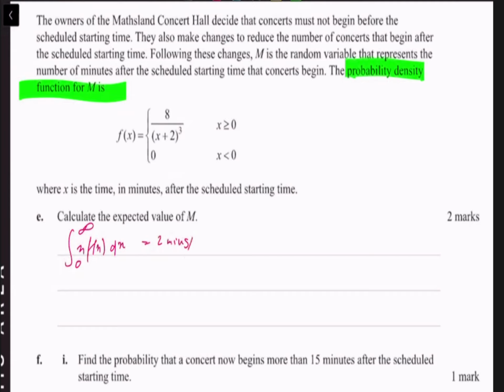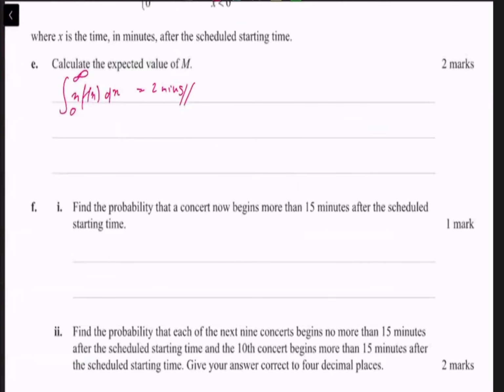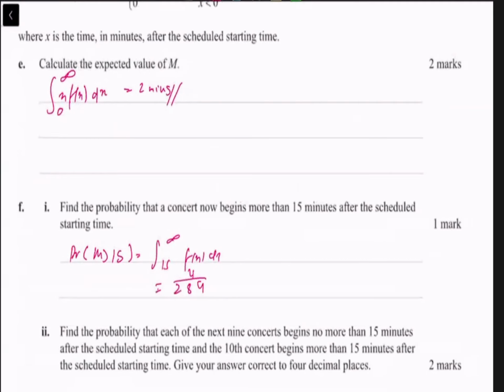Now find the probability that the concert begins more than 15 minutes after scheduled starting time. So we're just finding the probability that M is greater than 15, which is the integral of f(x) dx from 15 to infinity, which in exact values, because it didn't ask for decimals, is 489.